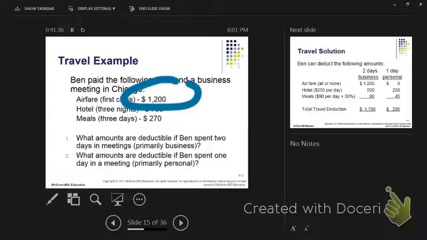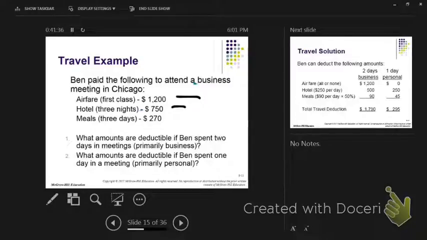All right. And then what about the food? What can he do with the food? 50%. Does it matter if he had personal business at all with food? Could he ever deduct $270 in food? No. Okay. Food is always 50%.